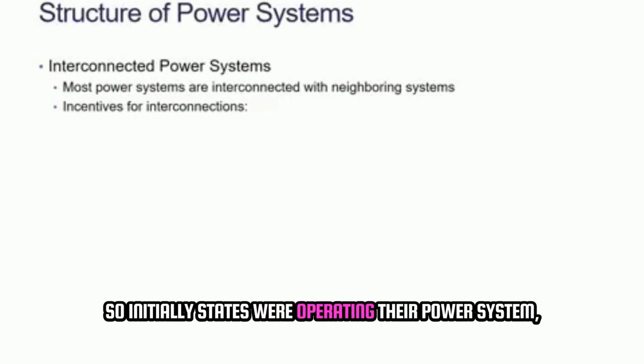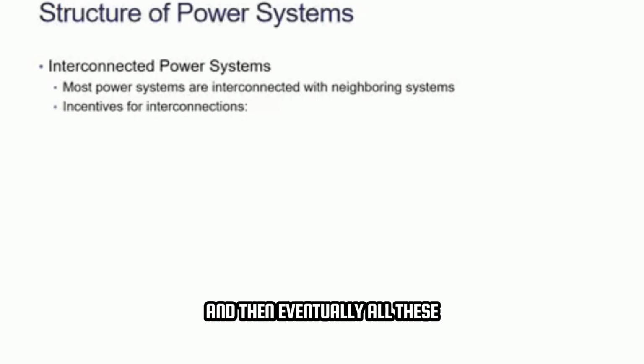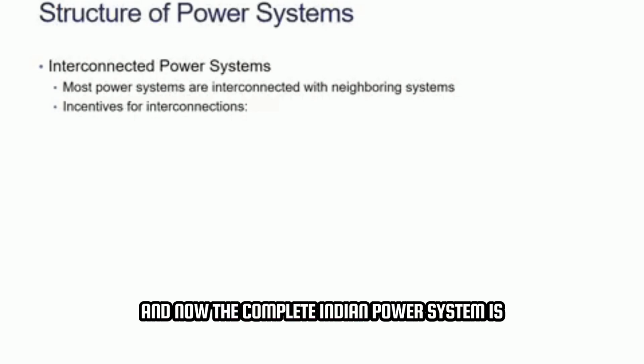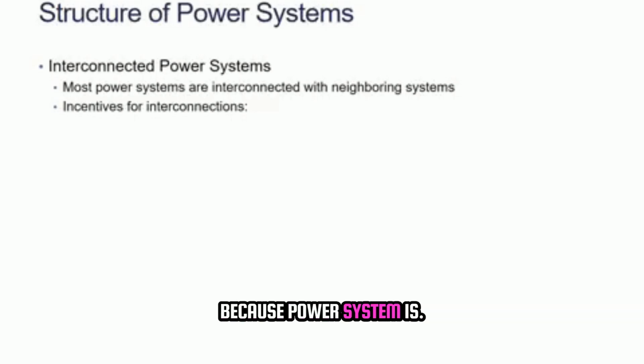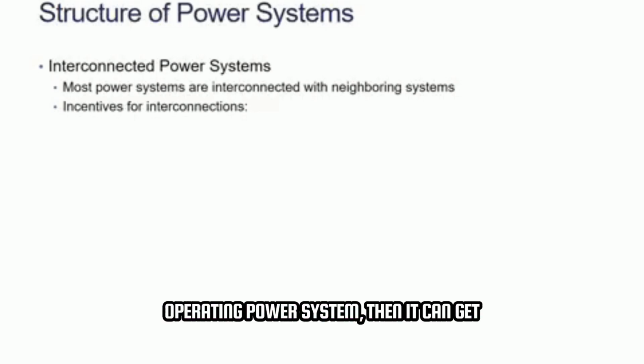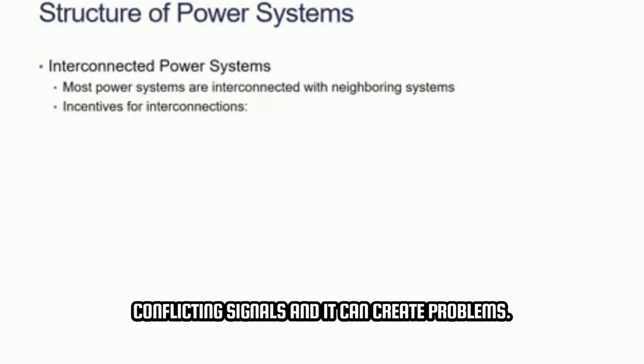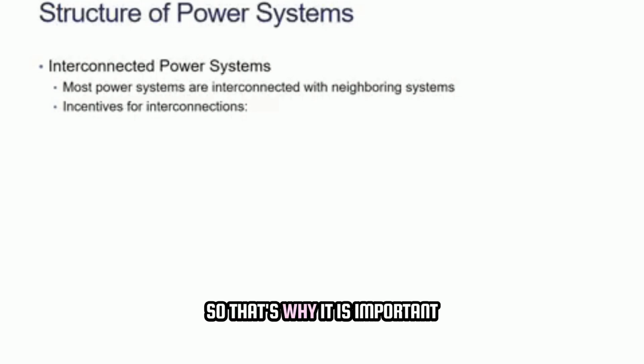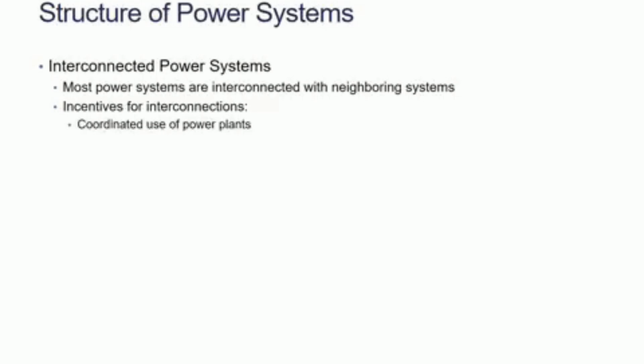So initially states were operating their power system, then the regions were operating theirs, and then eventually all these 5 regions were connected, and now the complete Indian power system is operated by a central entity. And the central entity is important because if there are many people operating the power system, it can get conflicting signals and create problems. That's why it is important to have an individual entity.